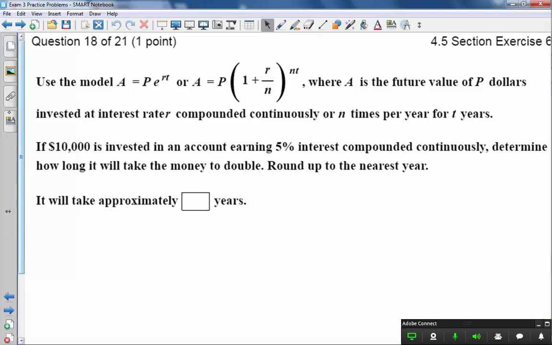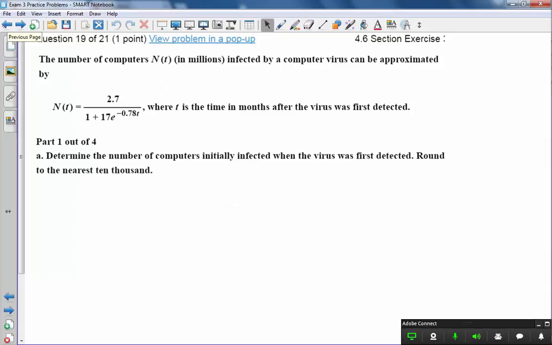Interest question, we've done many. If you need to, we can still do this one. This is like Canada's population with the same model. They just flipped the question story into the number of computers infected by a computer virus. But that model is computed by this formula.